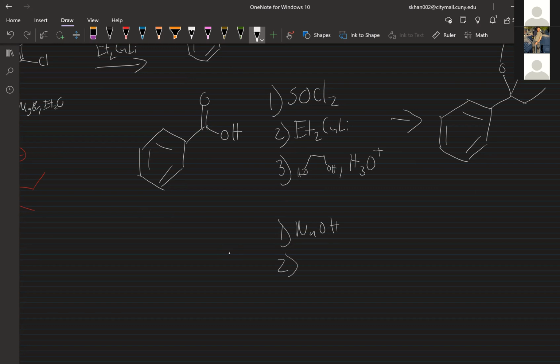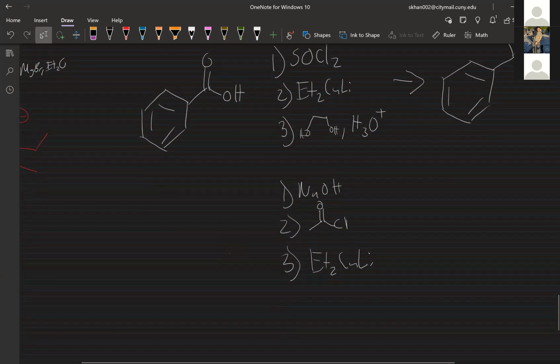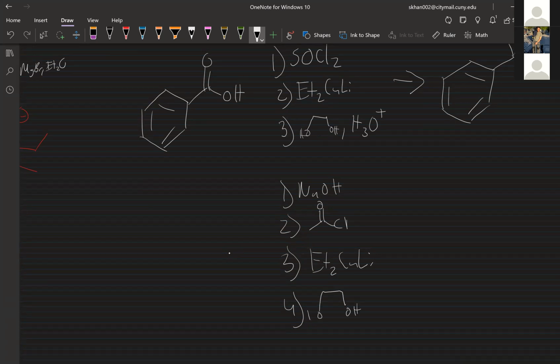Second step would be your acyl chloride here, right? And then the third step is just the repeat. Now, the only difference between these two is what do we form after the first two steps? The anhydride, right?